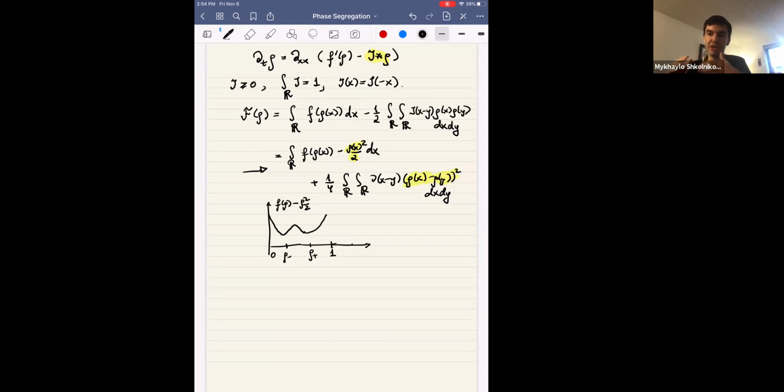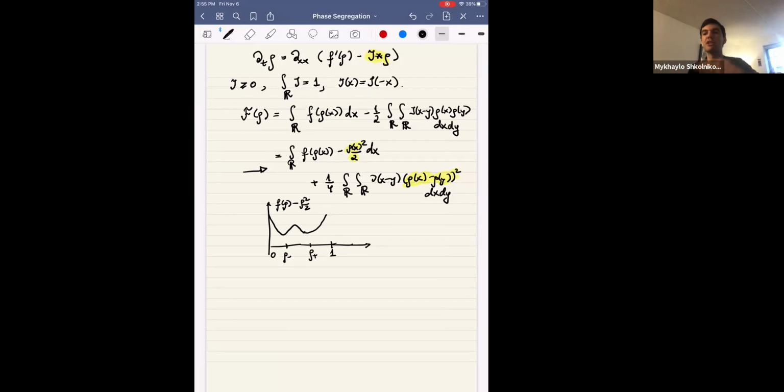But in the situations that we will look at, we will be in a frustrated situation. We will look at an actual mixture of oil and water where we will not allow the whole mixture to be constantly at rho plus or constantly at rho minus. Rather, we will look at initial conditions where at the bottom of the glass, we will be at rho minus.